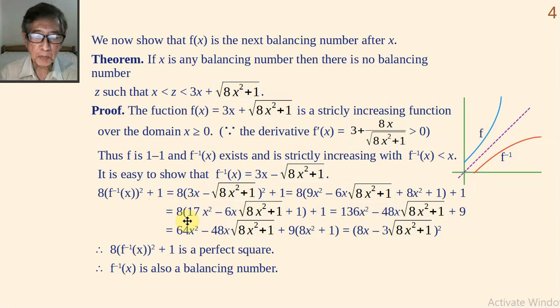This is similar to the computation of 8 times f(x) squared plus 1, which we did earlier. And we see that it's a perfect square because it is this square. So this is a perfect square. And according to what we said before, since it's a perfect square, f inverse x is also a balancing number. We shall now show that there's no balancing number in between.